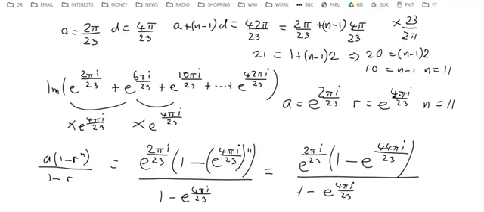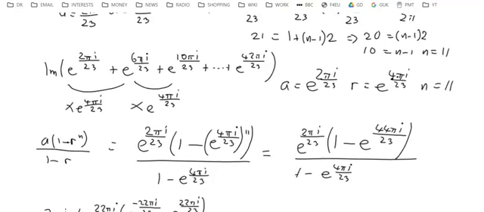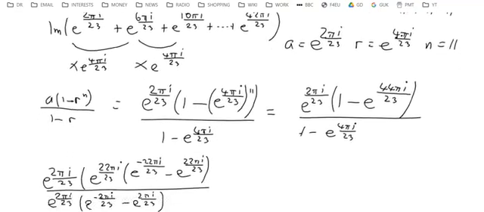If we do the usual kind of factorizations with this type of expression, we obtain this one here, which is e^(2πi/23) multiplied by all that lot there, and we have the factor e^(2πi/23) at the bottom.